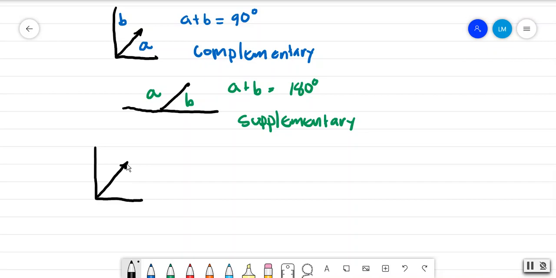What we're going to do here is just say that this is going to be 2x and this is going to be 3x. So let's say that you just want to solve for the complementary angles.